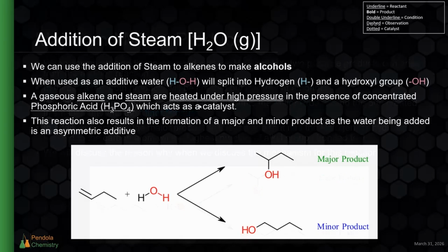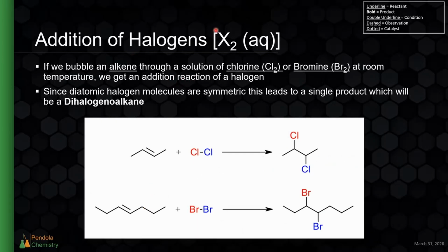If we add steam, which is water in the gas phase, to a gaseous alkene under heat and pressure with a phosphoric acid catalyst, we get the addition of steam to the alkene, creating an alcohol, and again a major and a minor product because water is asymmetric. And then finally, if we add a halogen in the aqueous state to an alkene that's in a gas state, we are going to get a dihalogenoalkane, which has no major and minor product.